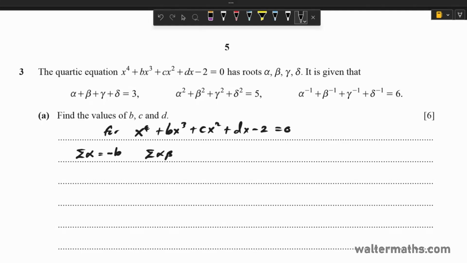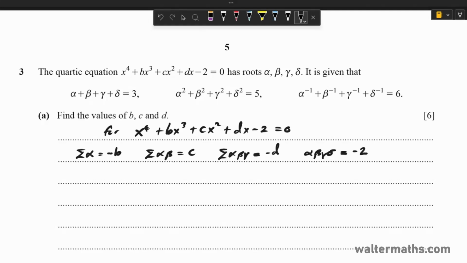The coefficient of x to the power 4 is a. So basically that's c. We know that the sum of product of triples is minus d over a, where a is 1 in this case, so minus d. And we know that the product of roots actually is e over a, which in this case is just minus 2. So this is what we know.